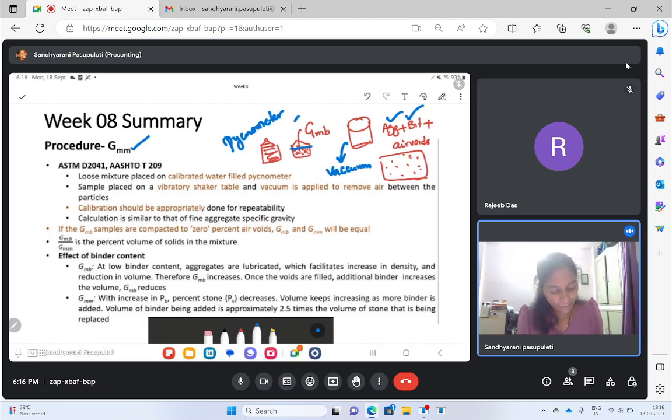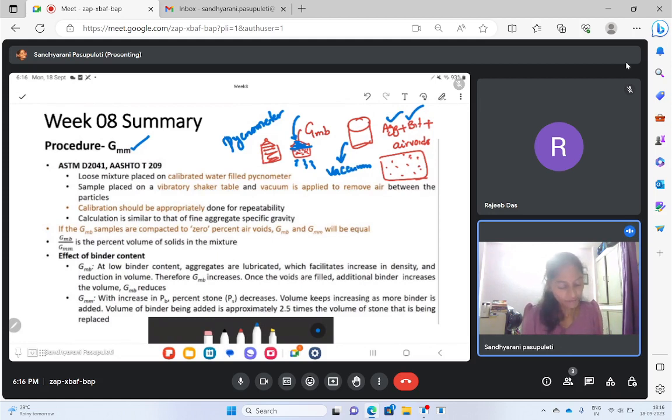Then we apply the vacuum here, we remove all the air bubbles, and we also apply vibrations if required. Then after that we fill the water till the top, and we take the measurement. So these are the two methods that are required to calculate the theoretical specific gravity of loose mixture.